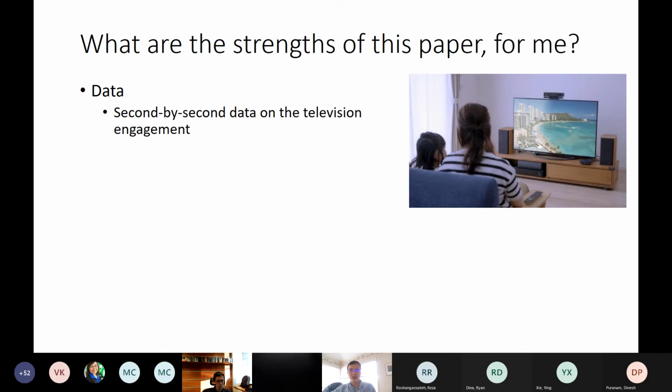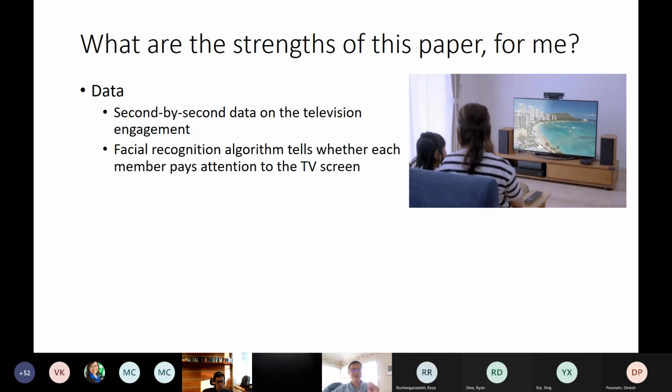But this paper collects a very cool data set. It is not just about viewing, but about TV engagement. They use a facial recognition algorithm, so they can tell each member whether they pay attention to the TV screen or not.